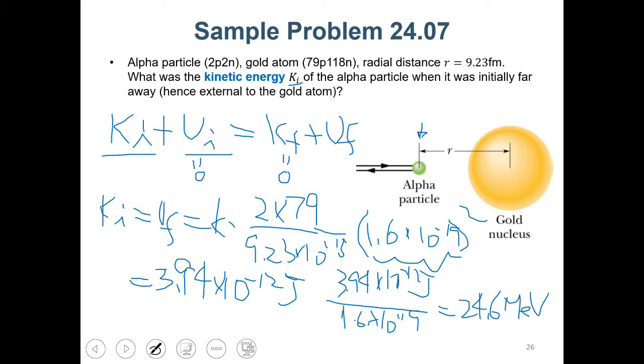This M is mega, 10 to the 6. And actually, eV will be the electron volt, which is something like the energy for an electron.